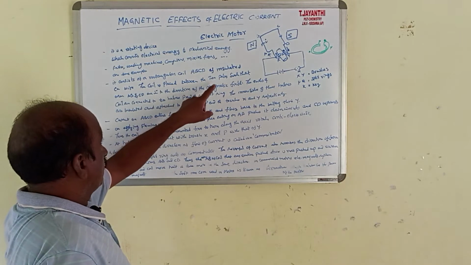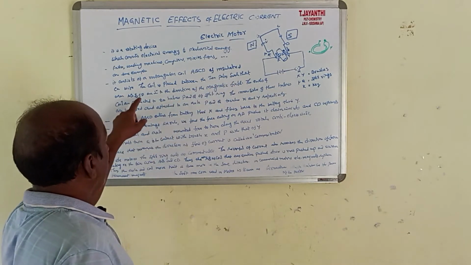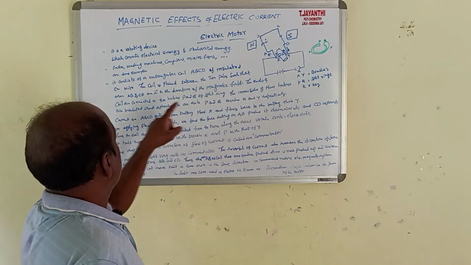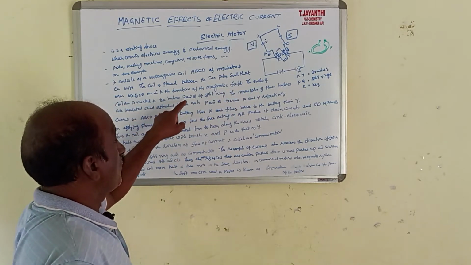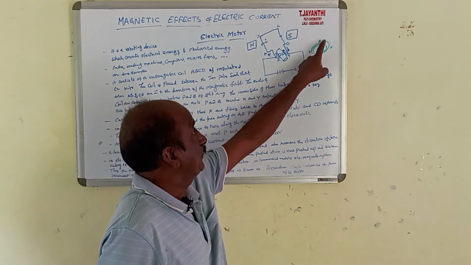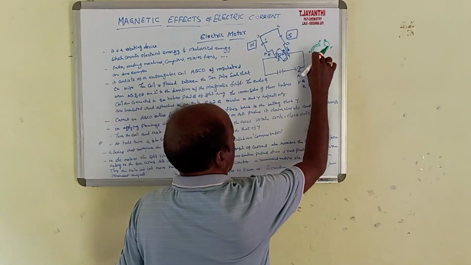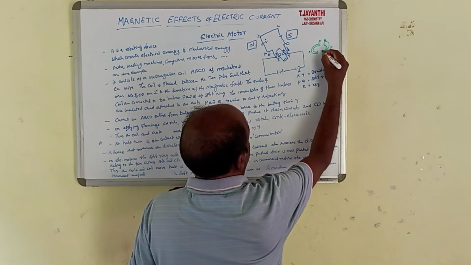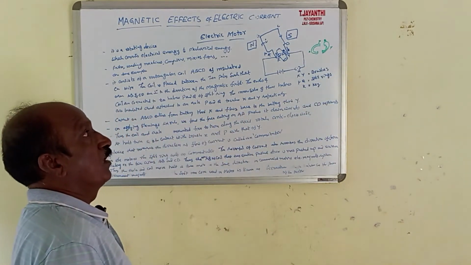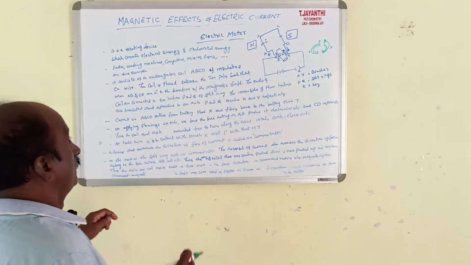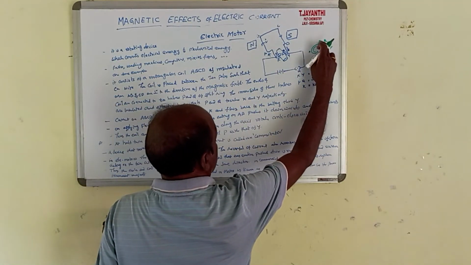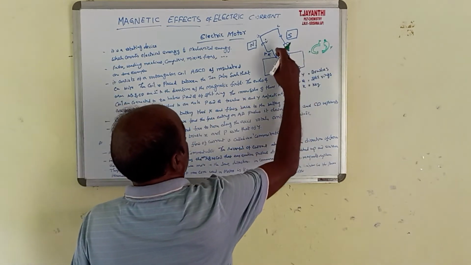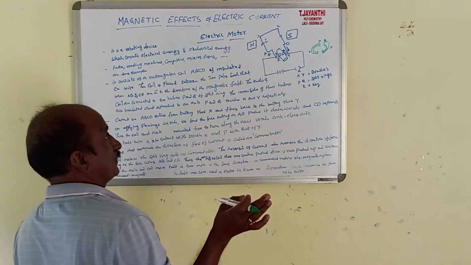The coil is placed between the two poles, such that arms AB and CD are perpendicular to the direction of magnetic field. The ends of the coil are connected to two halves P and Q. Here you see this one P and this is Q. Here this PQ and this PQ are the same.